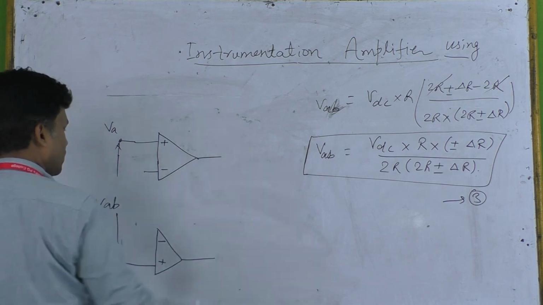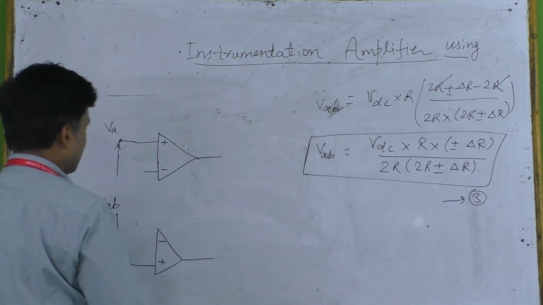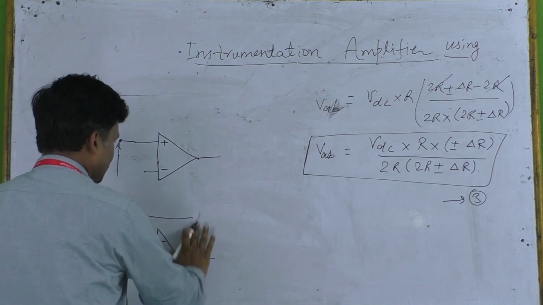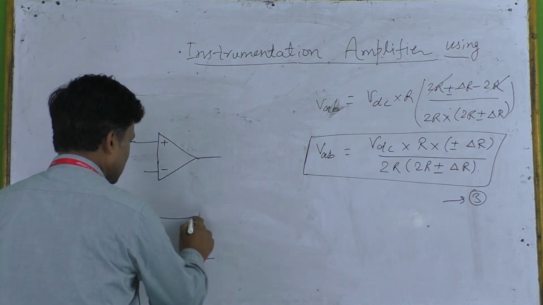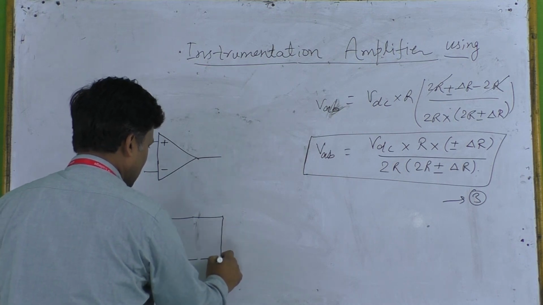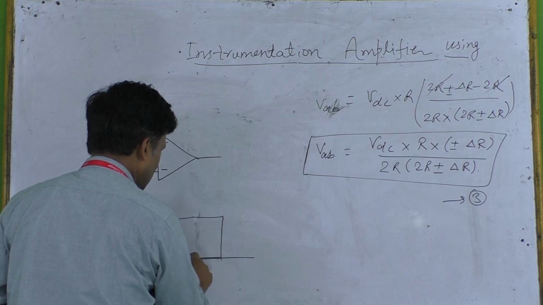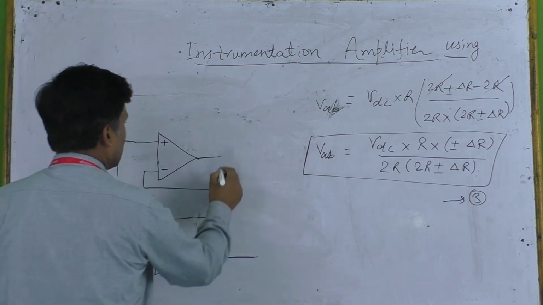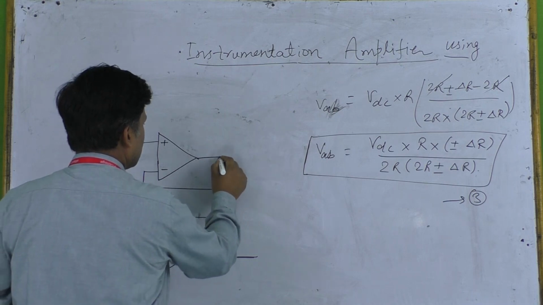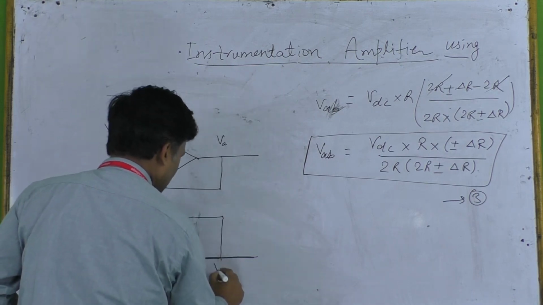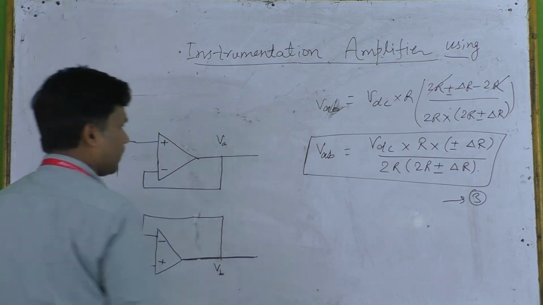We have this from equation number 3. Now we are using a buffer amplifier. That means the output of this amplifier will be same as the input. So over here we will get VA and here VB.